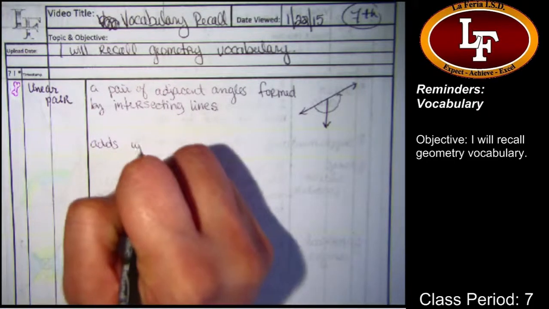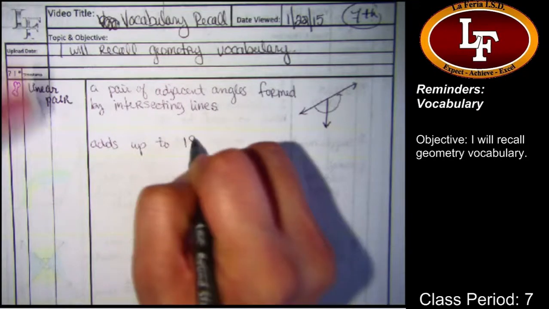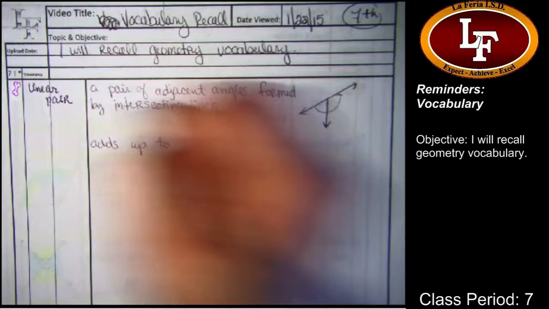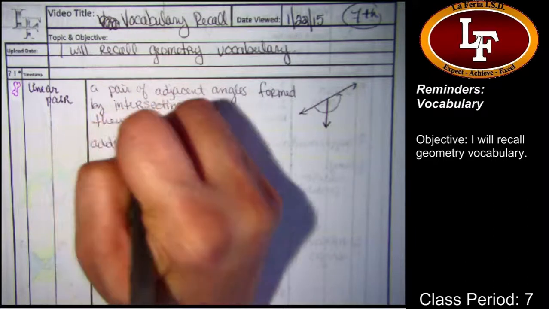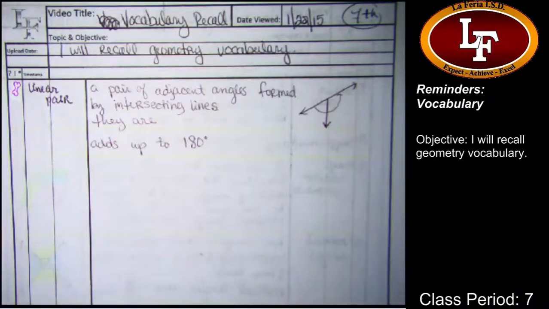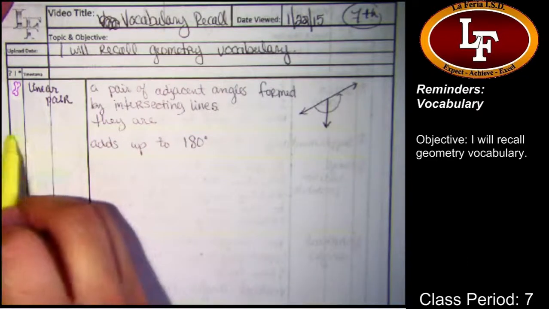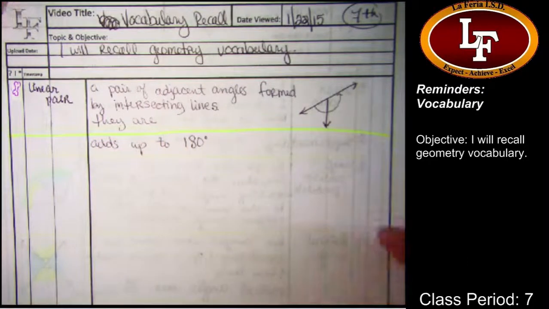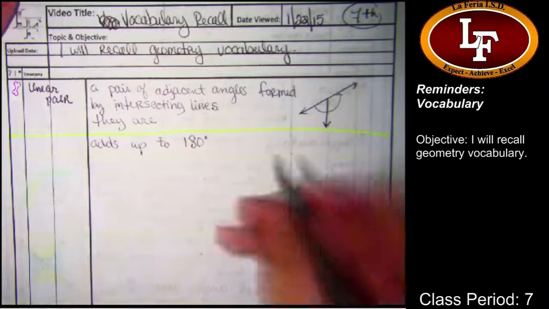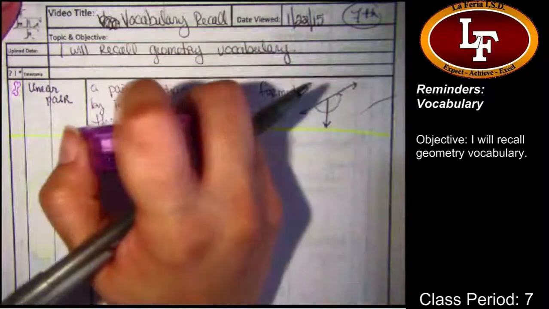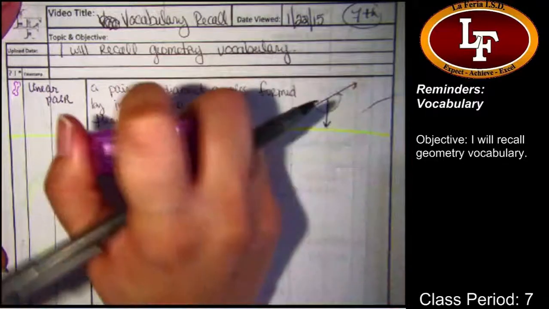Adjacent. It's not already in the definition. Triangle. Triangle angle sum totally adds up to 180, you're correct. But this word, one word in particular, means angles that add up to 180. Hang on, let me fix this spacing because that's going to be weird.